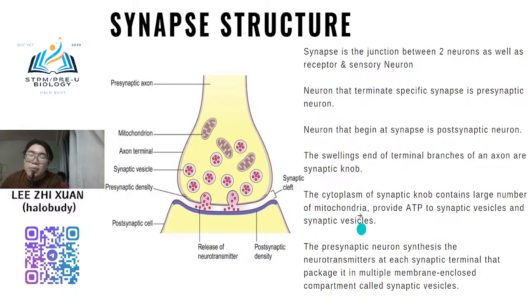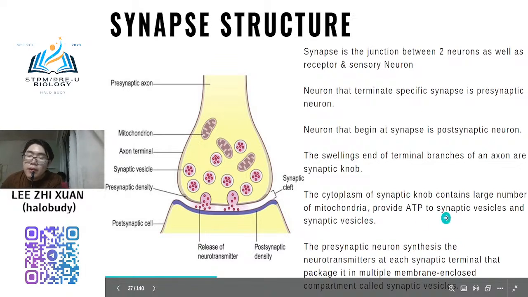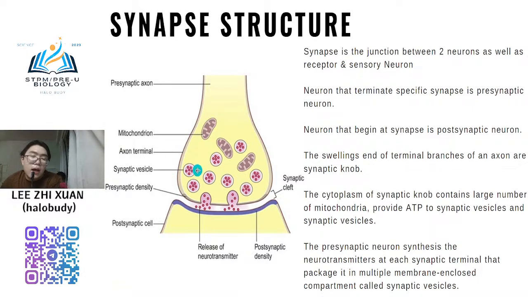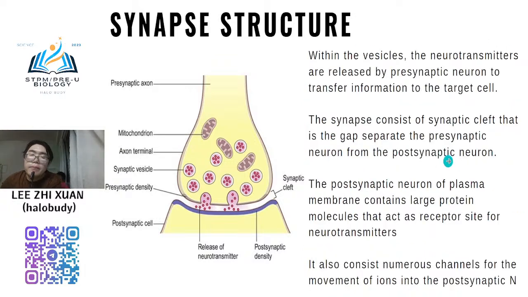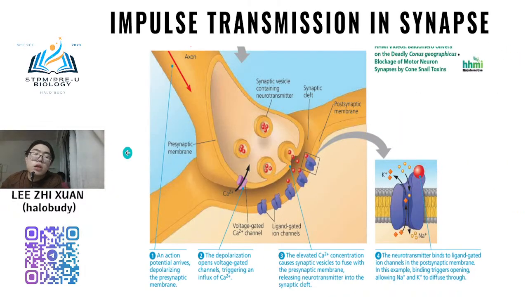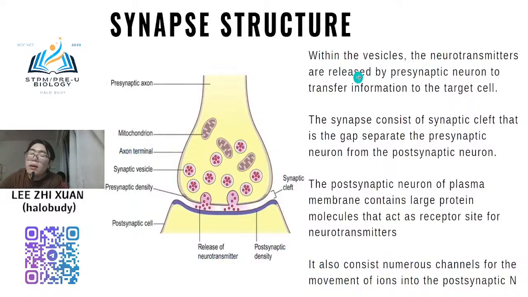Because the cytoplasm contains neurotransmitter. So normally in the presynaptic neuron's synaptic knob, the neurotransmitter is enclosed in the synaptic vesicle. Okay, so this is just a general structure about the synapse.